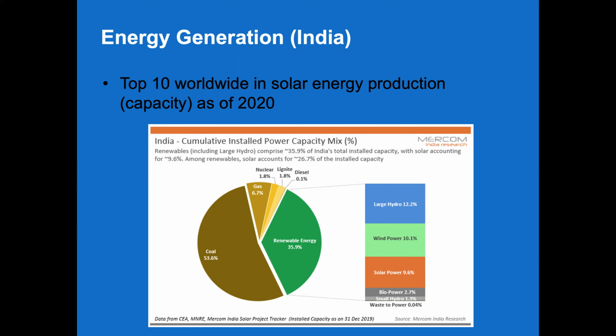So lots of good things happening, but there's still a long, long way to go in terms of energy generation. And this is top 10 worldwide as far as solar energy production as a function of capacity as of 2020.